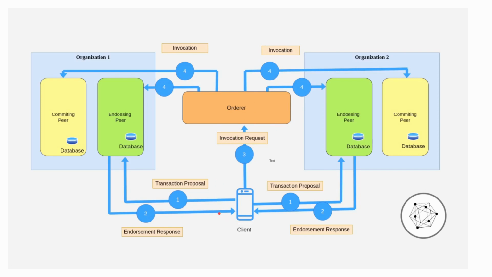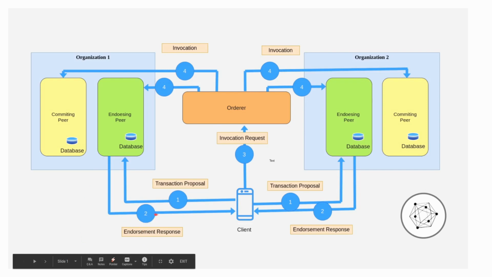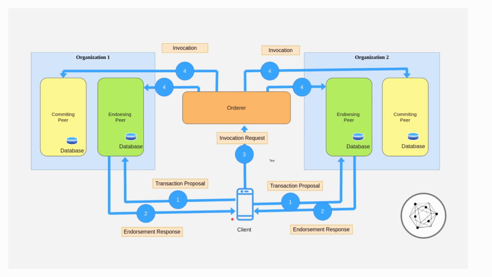But just for right now, assume that client is sending the transaction proposal, endorsing pair verifying whether the client is authorized to perform that operation and endorse the transactions. As per the endorsement response, client waits for the sufficient endorsement and creates the invocation request and sends it to the orderer. Orderer again creates that block and broadcasts that block to all the committing pairs in the network.